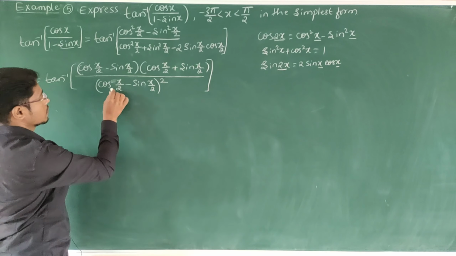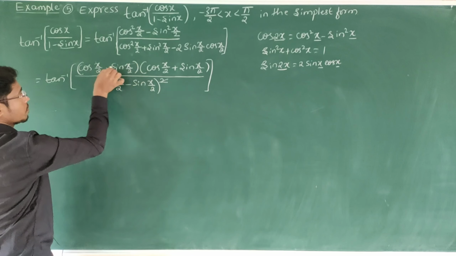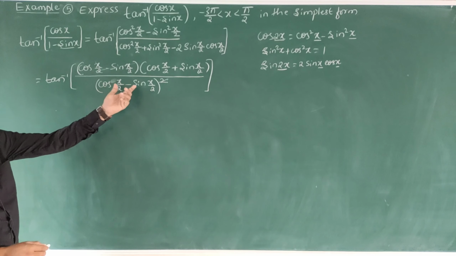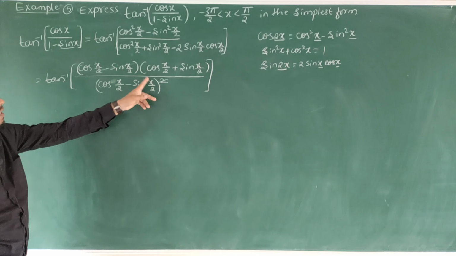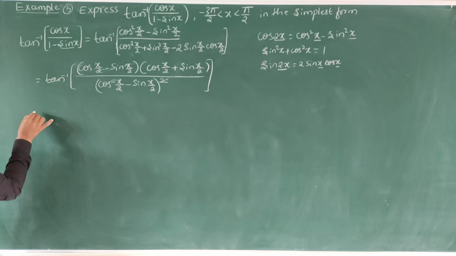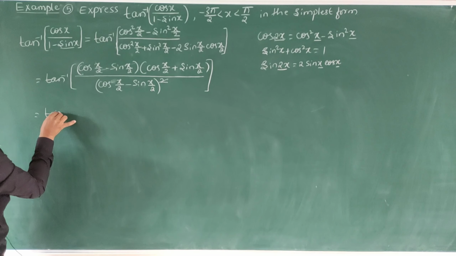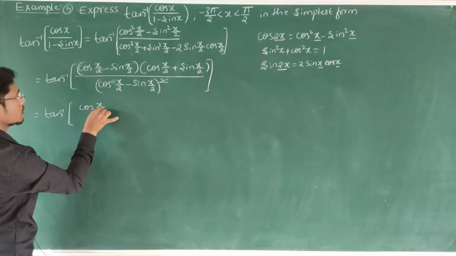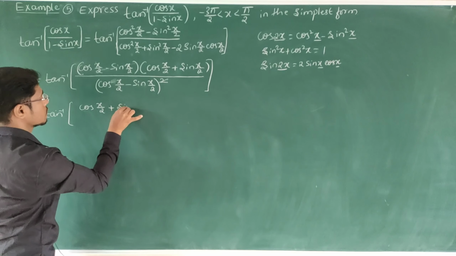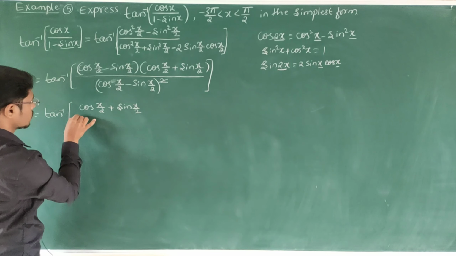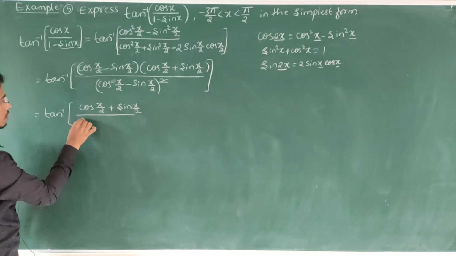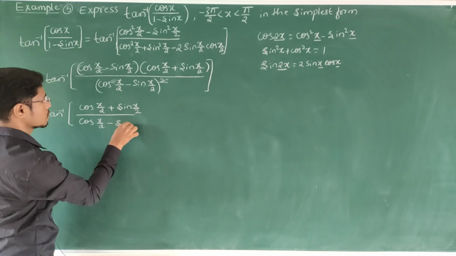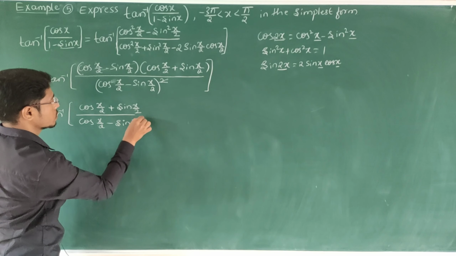Okay, so cancel one term, cos x by 2 minus sin x by 2, cancel one term on both sides. Tan inverse of remaining is cos x by 2 plus sin x by 2 whole divided by cos x by 2 minus sin x by 2.